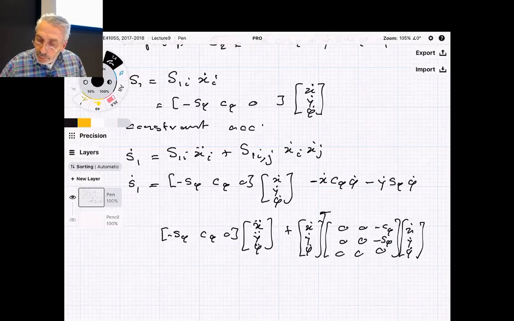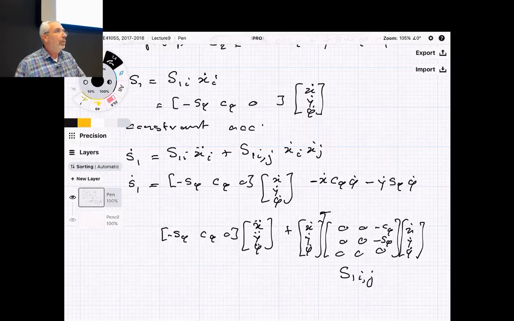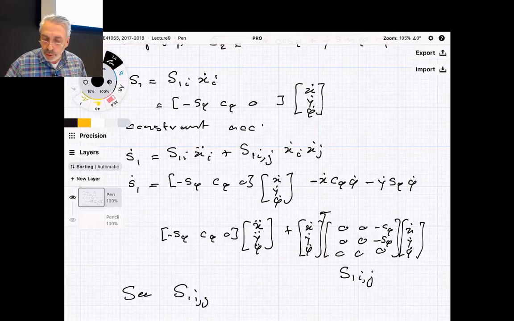And essentially this is S1ij. Now looking at this matrix, where one of the entries is i and the other one is j, you clearly see that S1ij is not equal to S1ji. The thing is not symmetric.